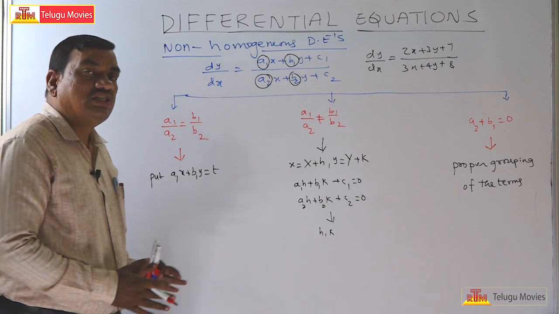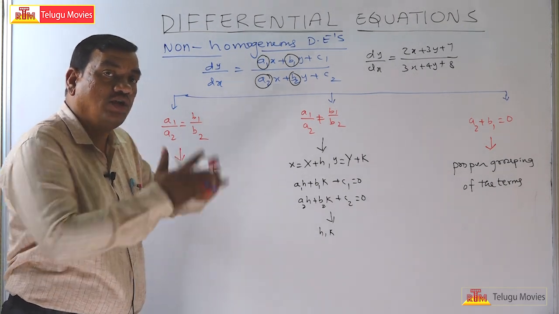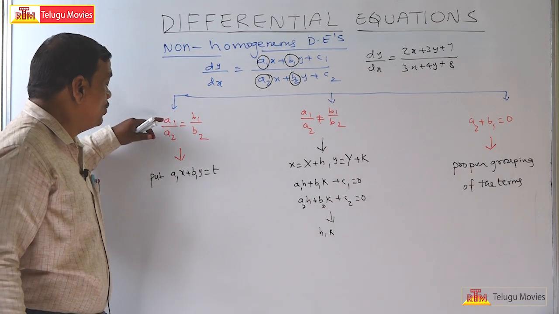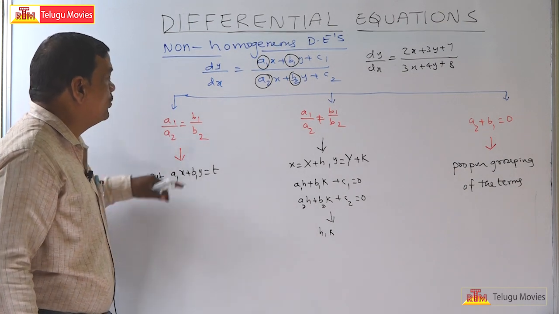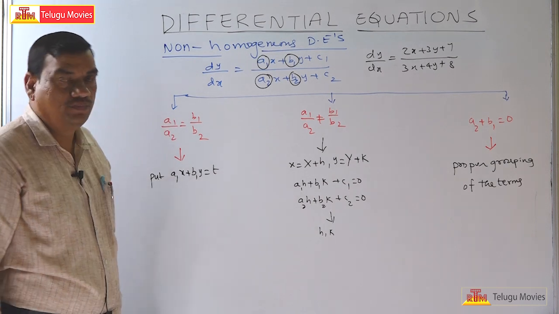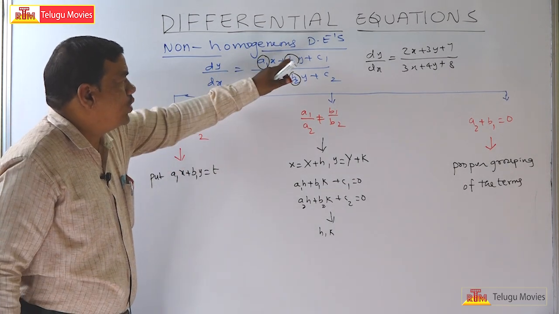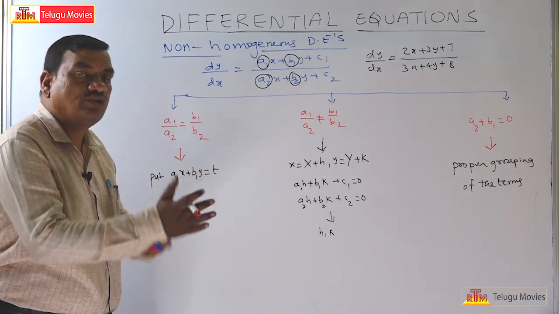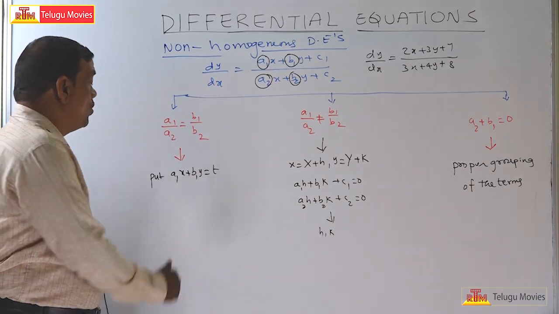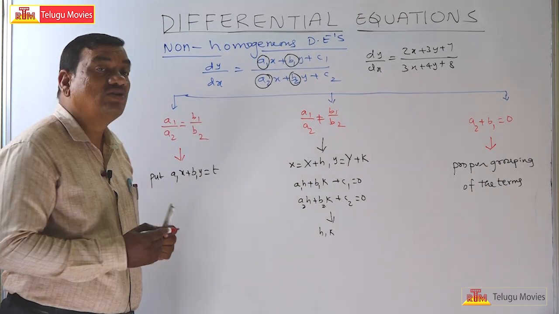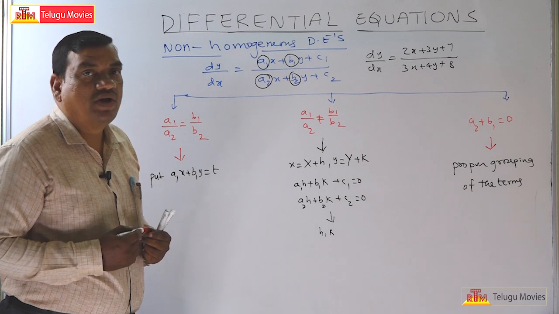Observe the coefficients of x and y in the numerator and denominator. If a1 by a2 is equal to b1 by b2, the ratio is equal, then we can put a1x plus b1y equal to some constant. Sir, tell me one example, sir.